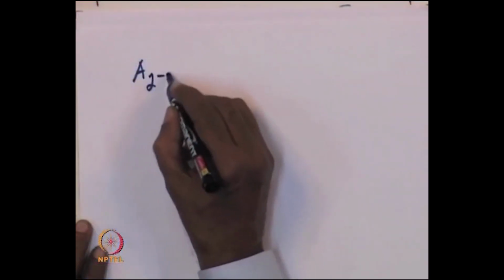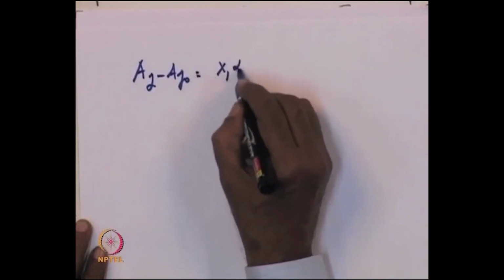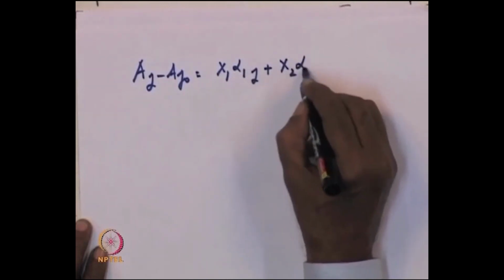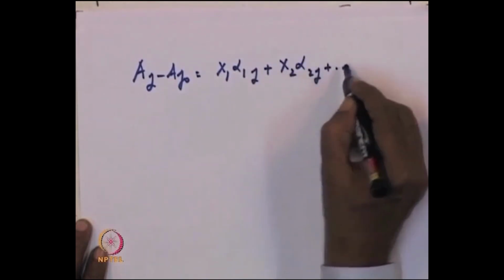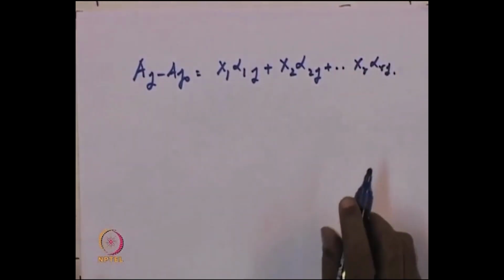So, to write the stoichiometry, we said we can write A j minus A j 0 can be given as some x 1 alpha 1 j, x 2 alpha 2 j up to x r alpha r j. Okay.